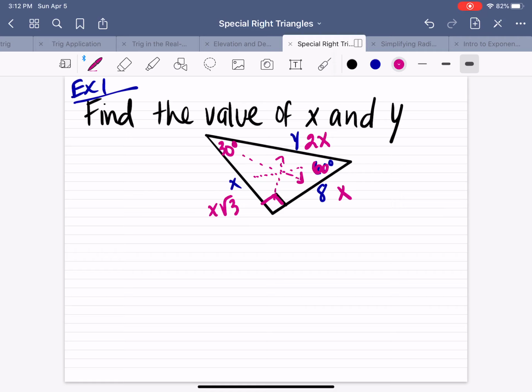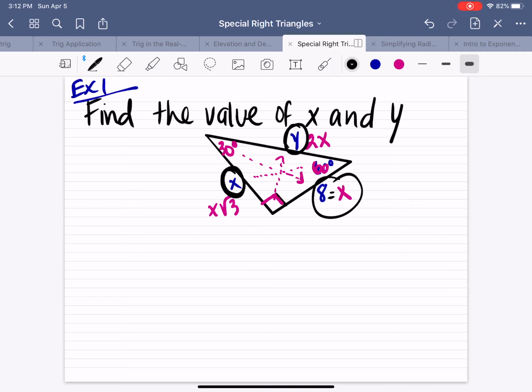Remember, the goal for our problem is to solve for X and Y. Just by the way we labeled it, notice that we already have the value of X. So the X in our problem is 8. Now let's plug that X in to find the X and Y values.